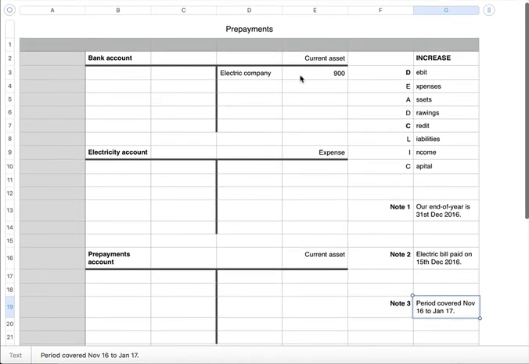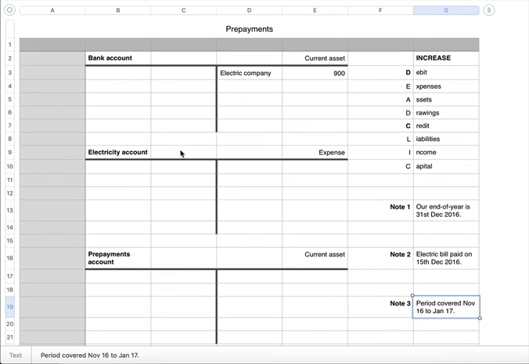So we paid them £900. Let's just say we're paying it on a quarterly basis, so let's say it's £300 per month. So it's £300 for November 16, £300 for December 16 and £300 for January 17. But in the electricity account for this year, we can only record November and December because that's what our books go up to. So we've credited the bank account with £900, and we're going to debit the electricity account.